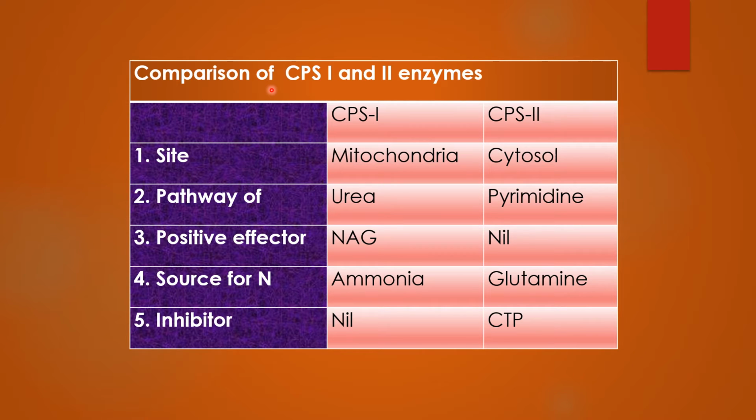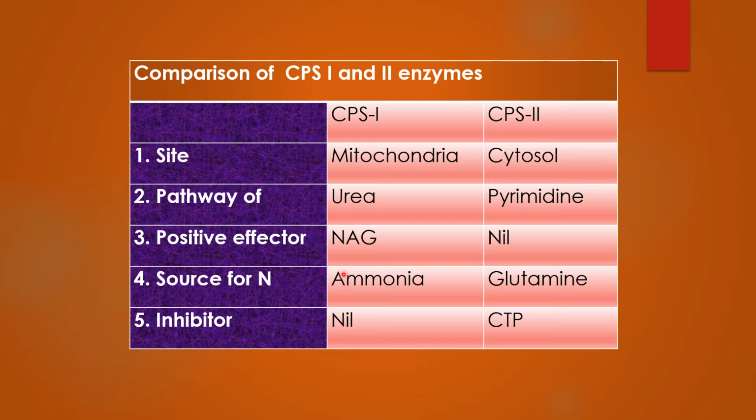This is about the enzyme. The enzyme we are using in step 1 is carbamoyl phosphate synthetase type 1. There is another enzyme which is responsible for pyrimidine synthesis in the cytosol, that is CPS2. So what are the differences? Have a look. The site of CPS1 is the mitochondria, while CPS2 is in the cytoplasm. CPS1 is used in the pathway of the urea cycle, while CPS2 is used in pyrimidine synthesis.